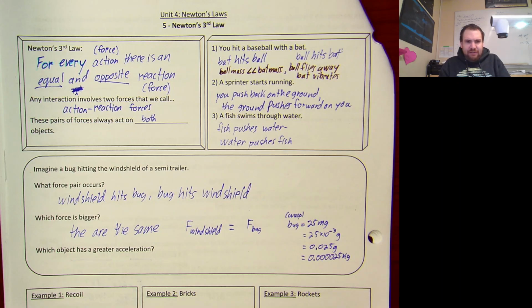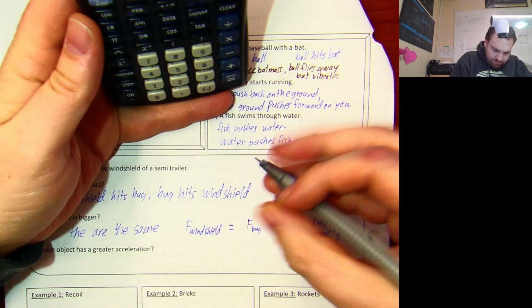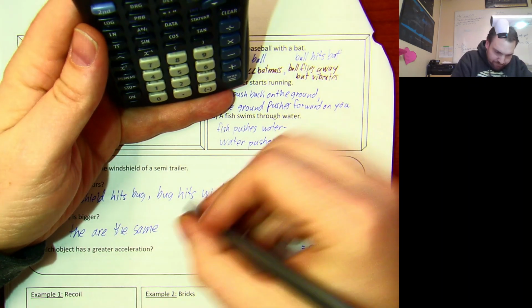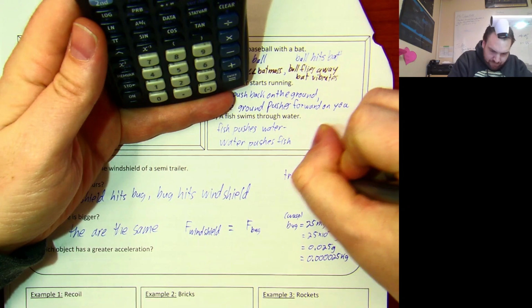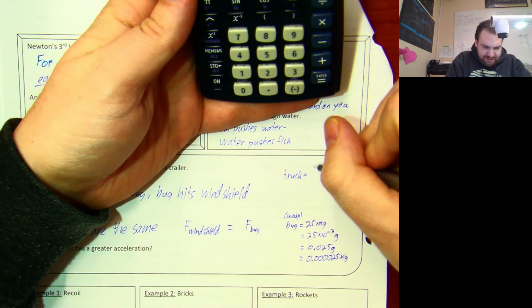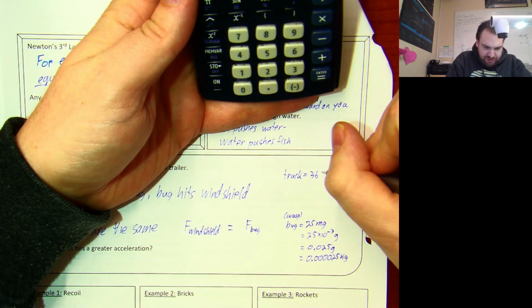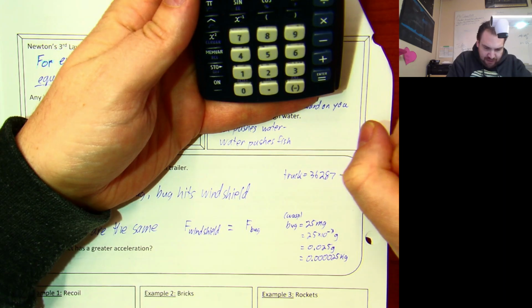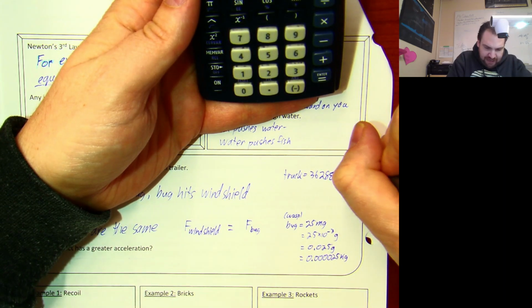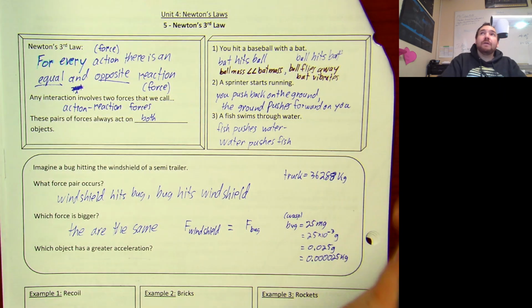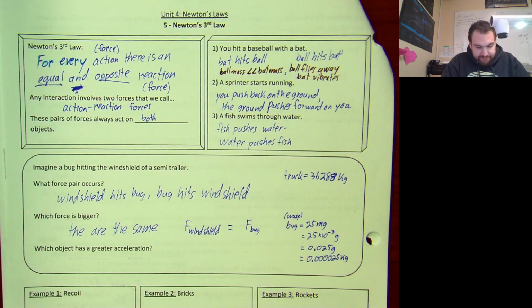The maximum legal weight for a fully loaded semi in the United States is 80,000 pounds. So that's 36,000 kilograms. Okay, the truck is going to be 36,000 based on a direct conversion. 287, that'll make it 288 kilograms.